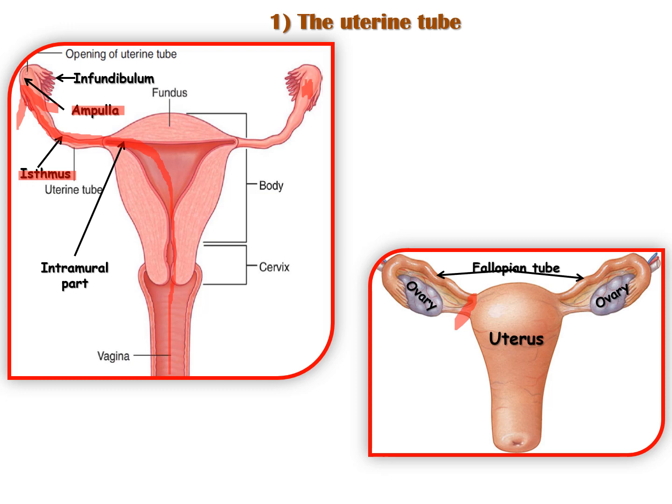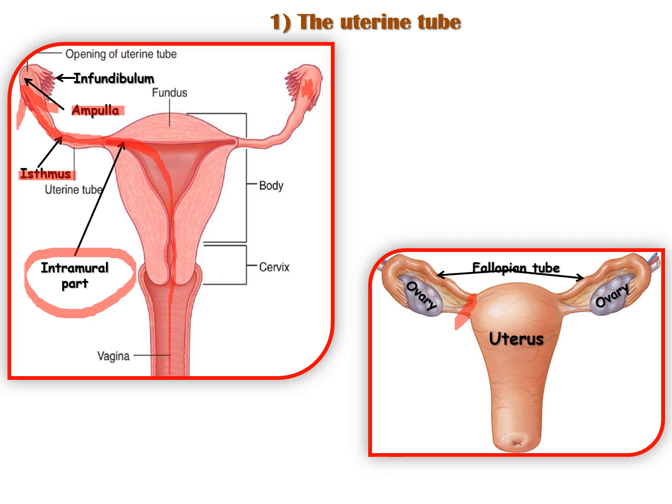The most medial part of the fallopian tube is the intramural part. Intra means inside. Mural means wall.